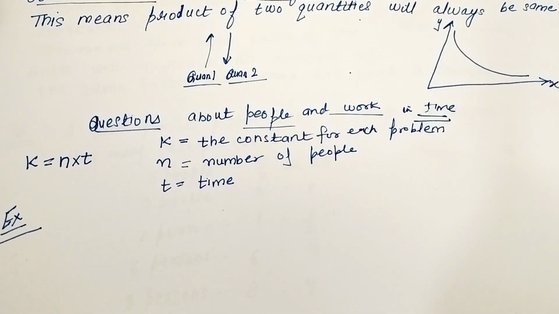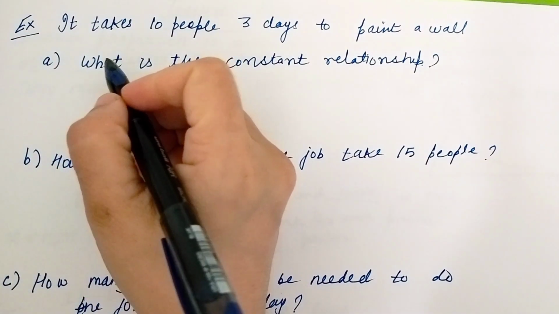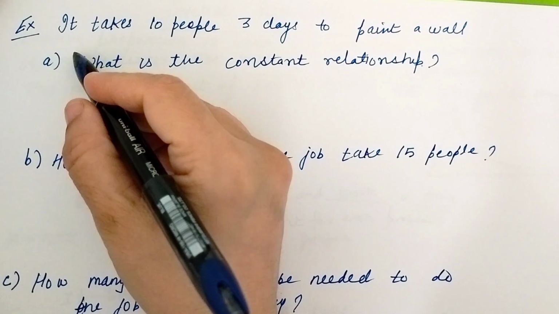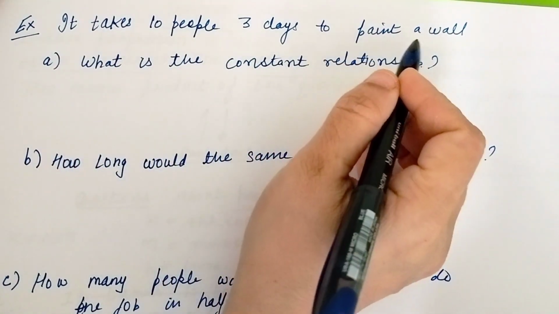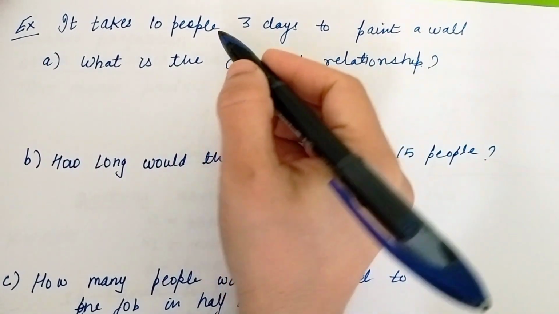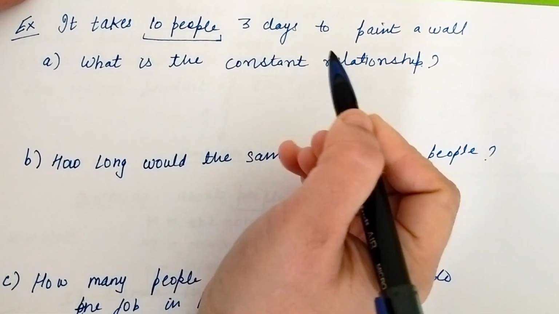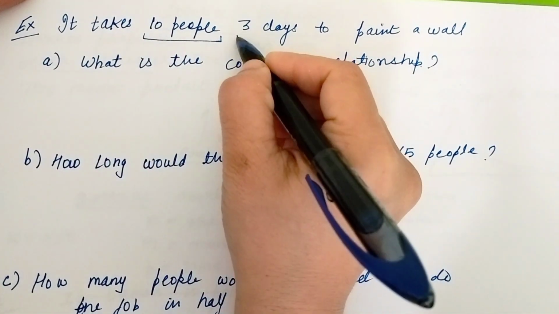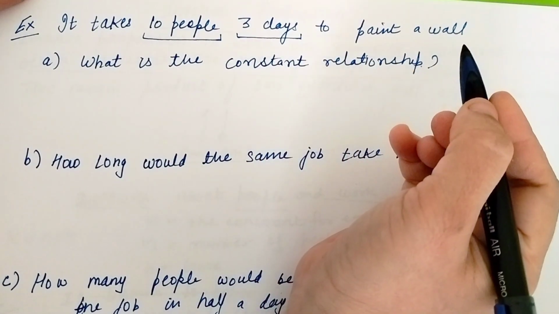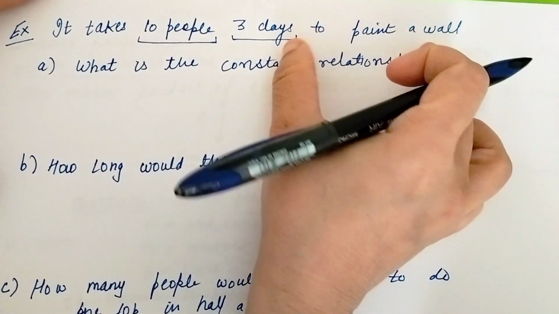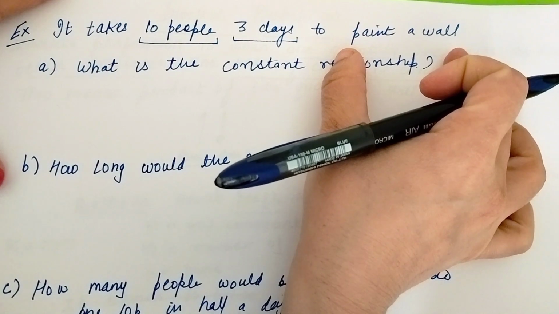So suppose you have a question. Look at this example now. It takes 10 people 3 days to paint a wall. They are taking 3 days. So we have to focus on the question. We have people here and 3 days here. They are completing a work and the work is painting a wall.